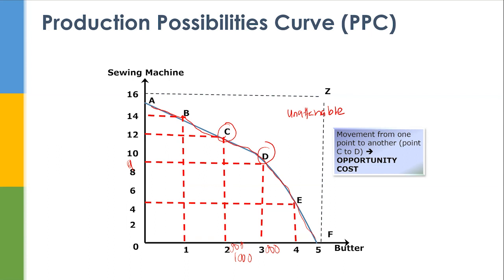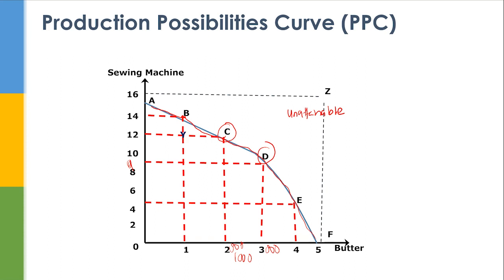Tu contohnya. And then we have point Y. Okay, so point Y is attainable. So any point inside PPC, maksudnya di dalam PPC ni adalah attainable. Okay, dia boleh attainable. That is possible to produce butter and sewing machine of this quantity.